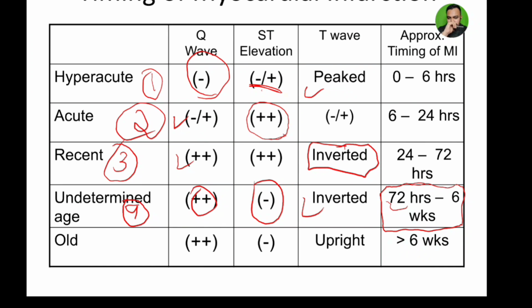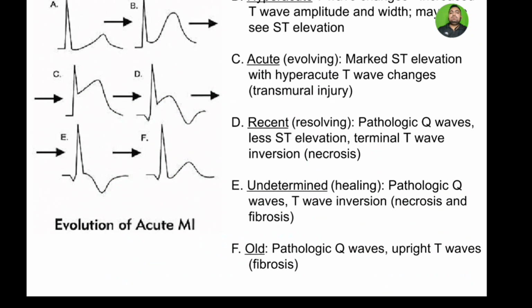And when can you label that this is an old MI? There is prominence of Q waves, absence of ST segment elevation, and the T waves are upright. Remember that T waves are upright whenever the ST segment is normal, Q waves are prominent. So it is greater than 6 weeks.